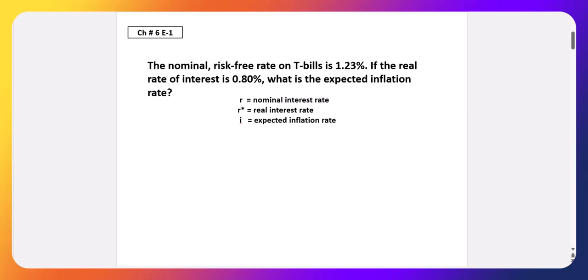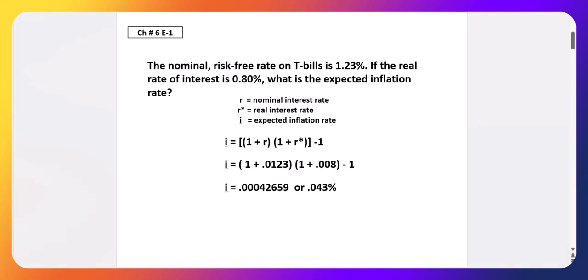So we set R equals the nominal interest rate, R star equals the real interest rate, and I is the expected inflation rate. The formula to solve for the expected inflation rate is 1 plus the nominal interest rate divided by 1 plus the real interest rate, minus 1.